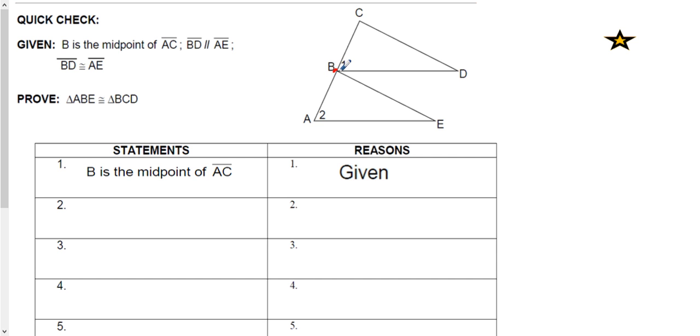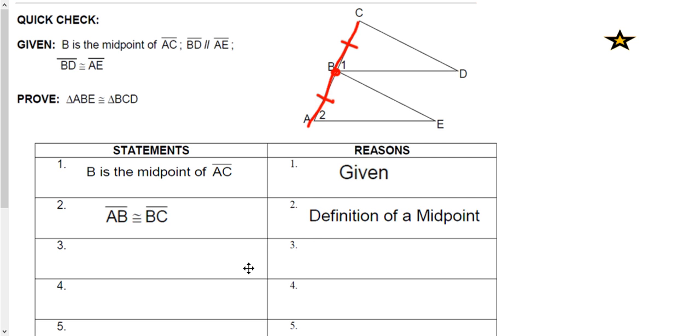Here's B again. It's the midpoint of this segment right here. So it splits it into two equal pieces. So we know this side of the triangle equals that one. All they told us was midpoint. So now we can say these two pieces are equal. AB is congruent to BC by definition of midpoint.